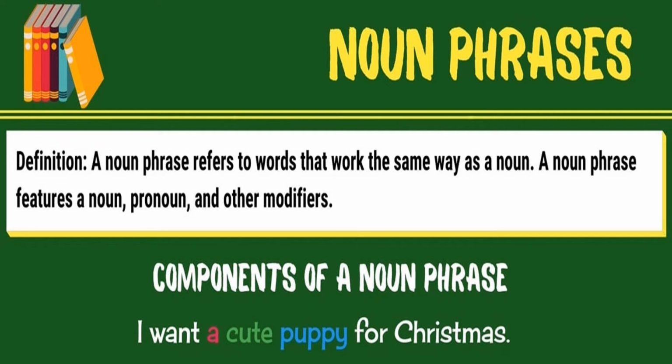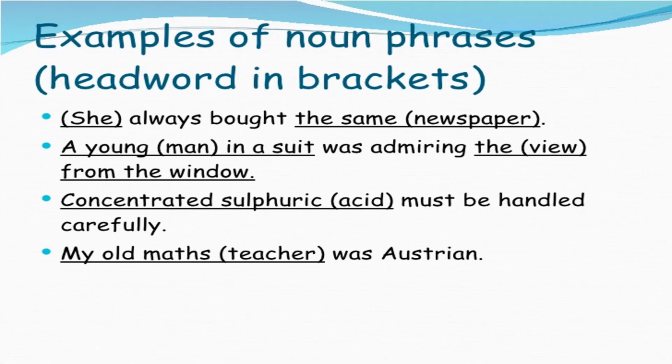When the question arises, what do I want? What I want here is a cute puppy. So this is a noun phrase. This is the identification. Whenever you are in doubt, just ask this question, what do I want, or whatever is there in the sentence. Now let's see some more examples of noun phrases.